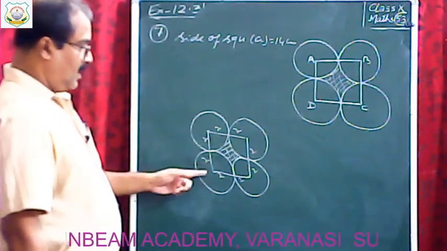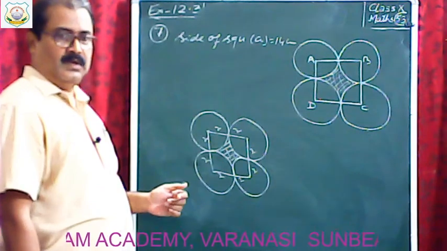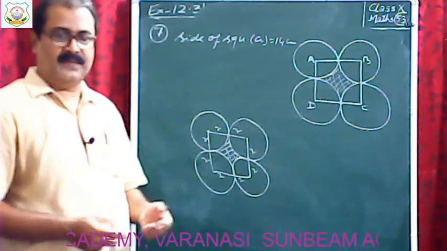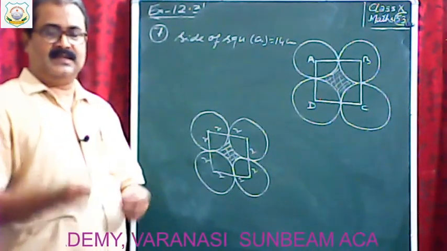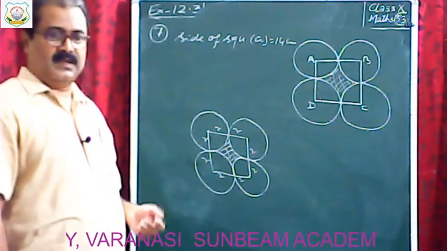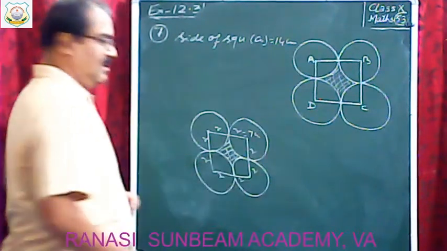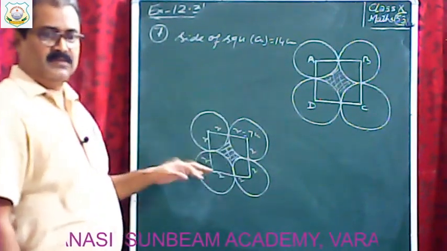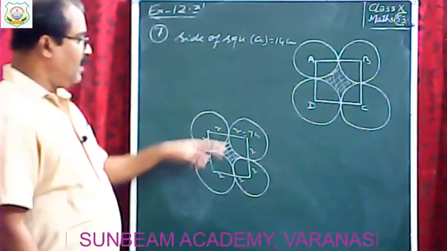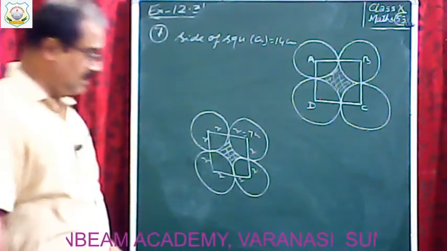Suppose the radius is given as 7 centimeter. After joining the centers we get a quadrilateral, that is a square because all sides are equal, and the length of side is 7 plus 7, 14 centimeter, isn't it?